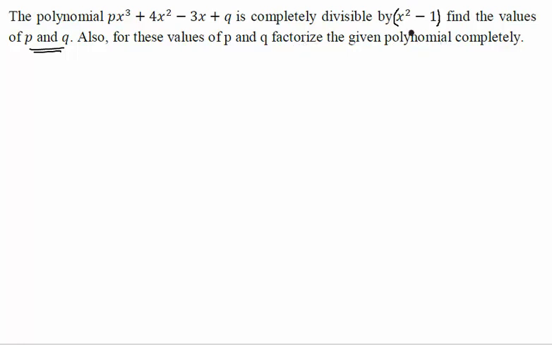So first of all, let us try to understand this factor. If I am dividing this big polynomial with x square minus 1, then something like this is happening. Let us understand in terms of numbers first. Let us assume I am talking about the number 24, and I say that 24 is completely divisible by 12.